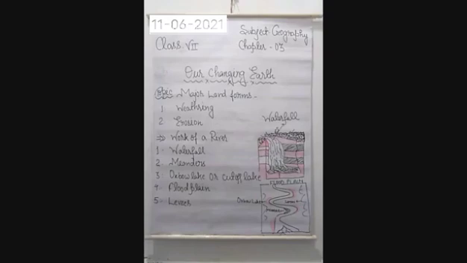Now I am going to discuss another topic, which is major landforms of the earth, which are formed on the surface of the earth due to the movement of the lithospheric plates.